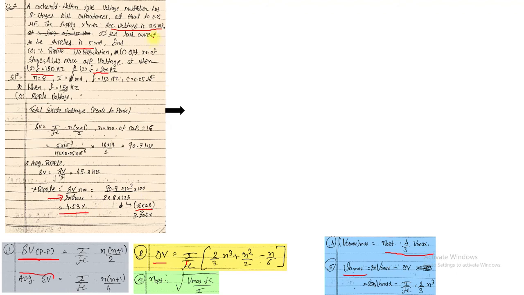If you are taking 125 as an RMS value, then it will give 3.206 percent. Here I forgot to write root 2.